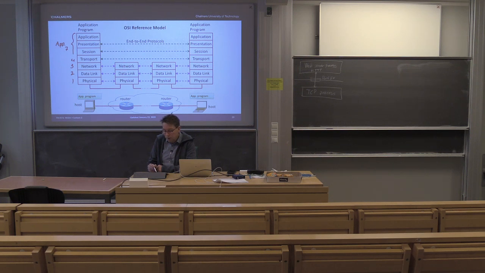The protocols which exist only at the end nodes are called end-to-end protocols, because the entity at one end is talking to the entity at the other end. Okay, so these are called end-to-end protocols.